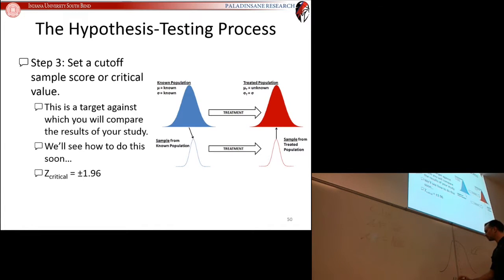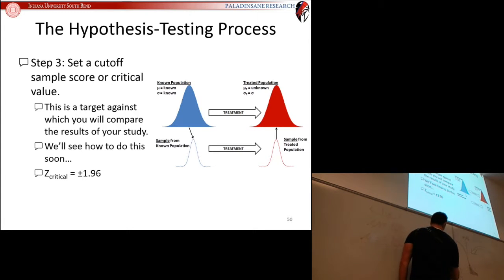So for our z-scores, we have a mean of 0, a standard deviation of 1, and a critical score of plus 1.96. This is going to be if our treatment increases our scores. We also have a z-score of minus 1.96.